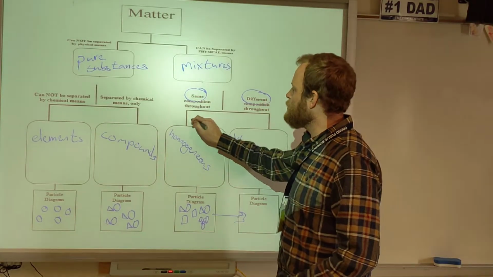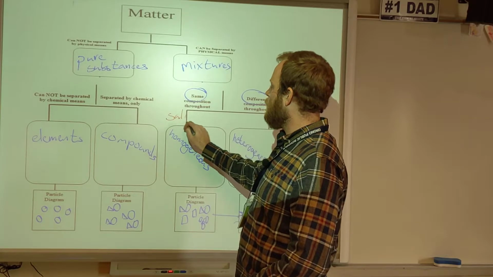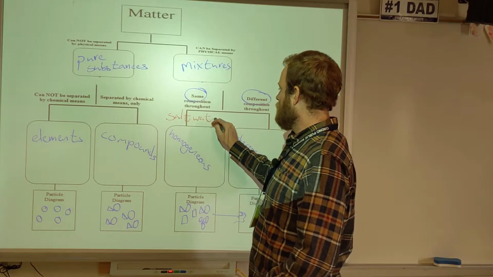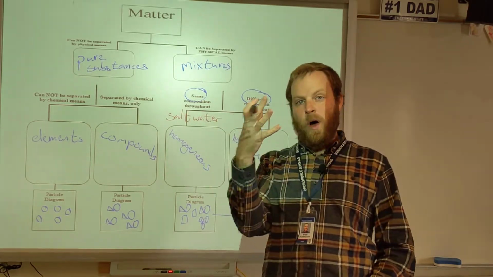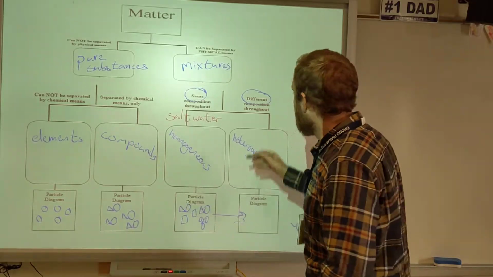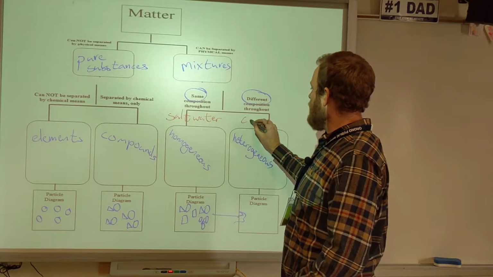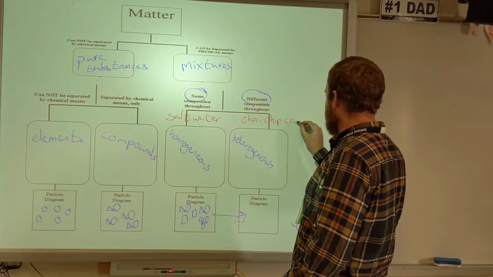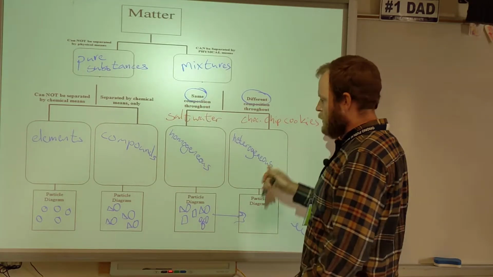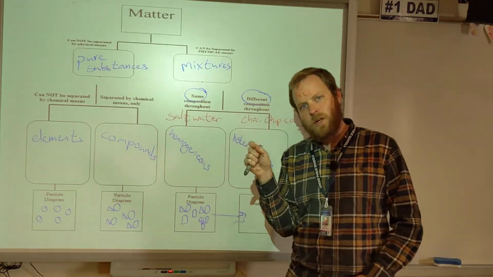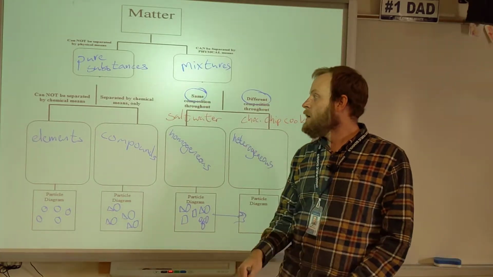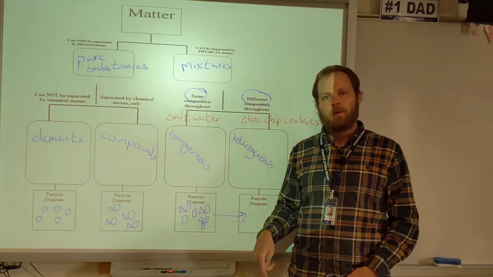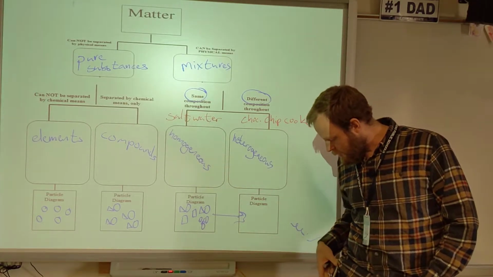So same composition throughout, this would be like salt water, because if you look at a glass of salt water, it all looks the same. Different composition throughout would be like a chocolate chip cookie, because the composition is different. If you're looking at the part that's just the chocolate chip, that's going to have the composition like chocolate. If you're looking at the part that's just the cookie material, that's going to have the composition like a cookie.